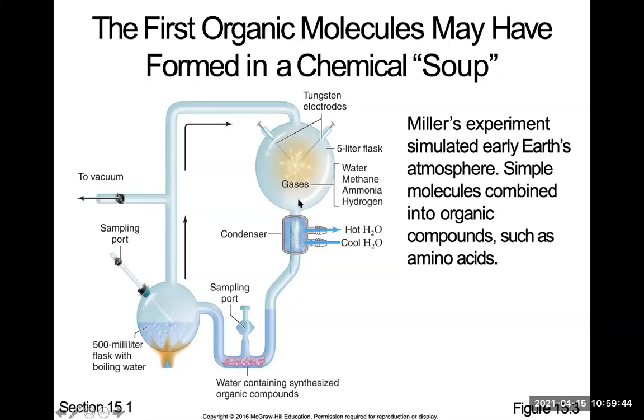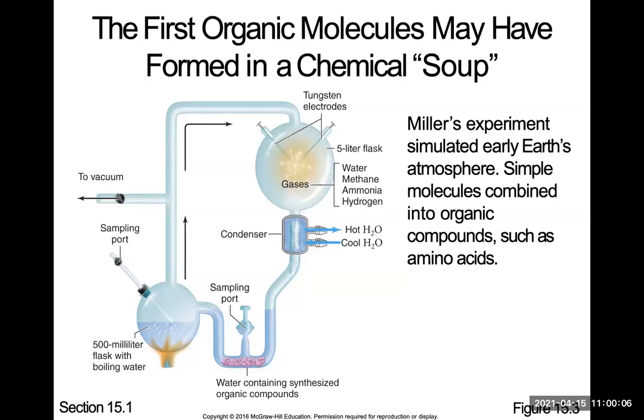Then to get the lightning effect, he put in some electrodes. So that gave him the lightning effect. And then he put in inorganic molecules, and then he let it run for a long, long time. And after that, he noticed that those inorganic molecules turned into organic molecules.